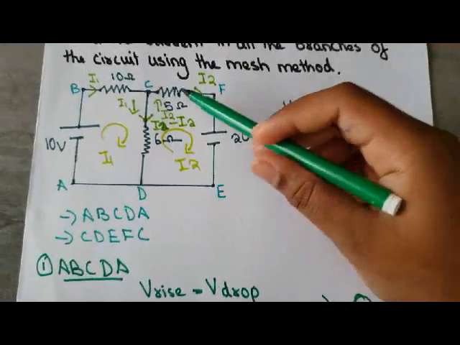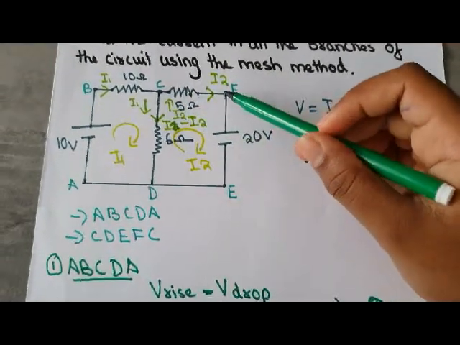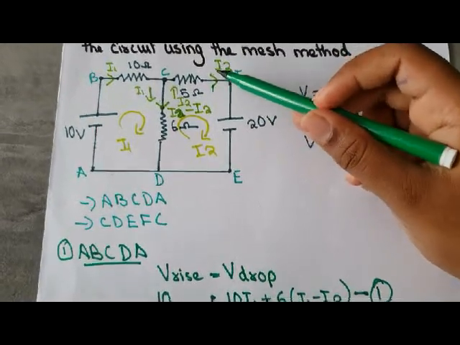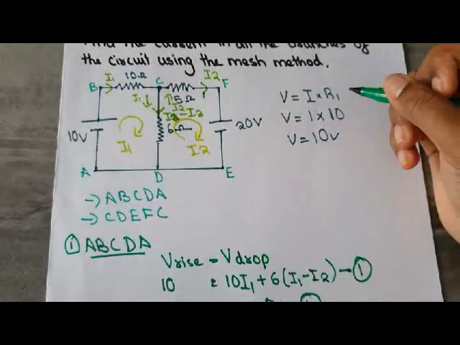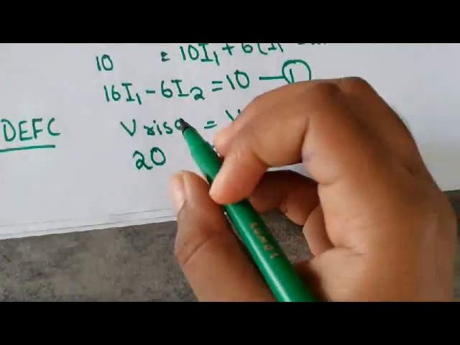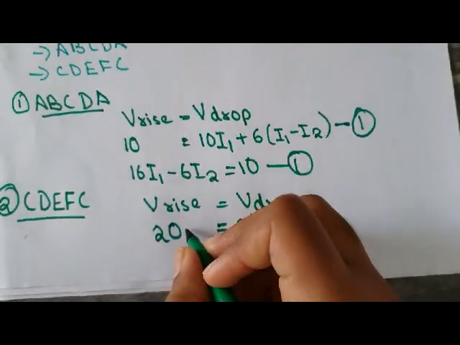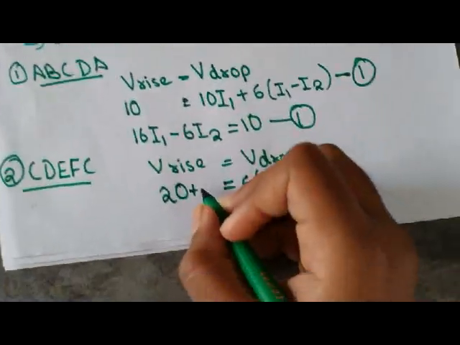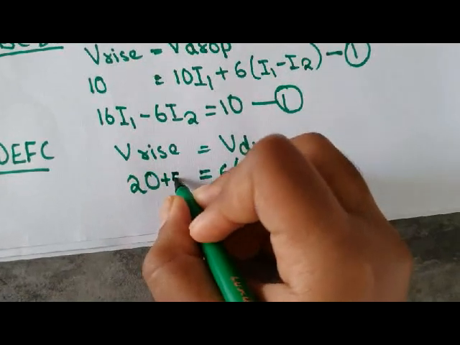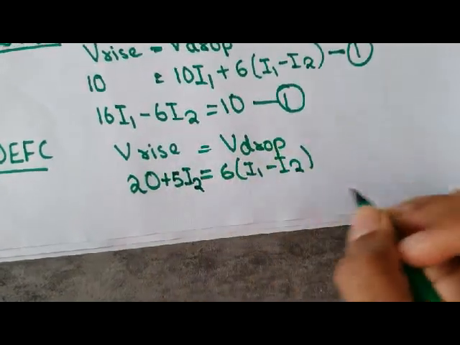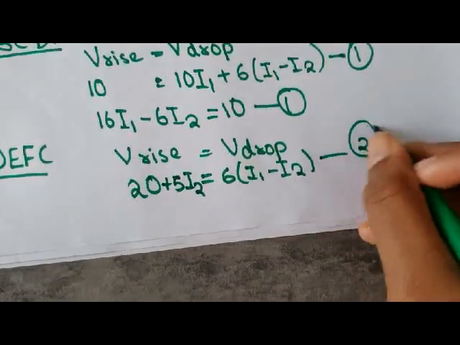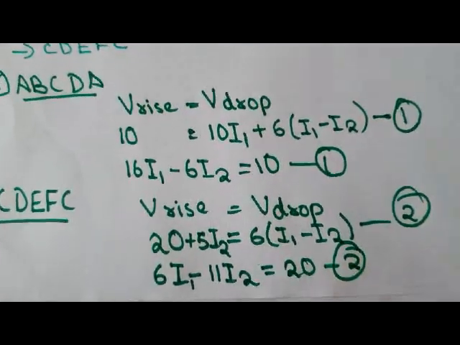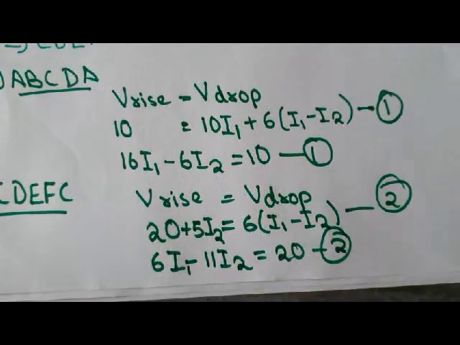And next is F to C. F to C, we are moving against the current I2 that's flowing in here. So against the current is voltage rise. So here we write plus that 5 ohms, so plus 5I2. Here we got our second equation, and when you simplify, 6I1 minus 11I2 equal to 20.